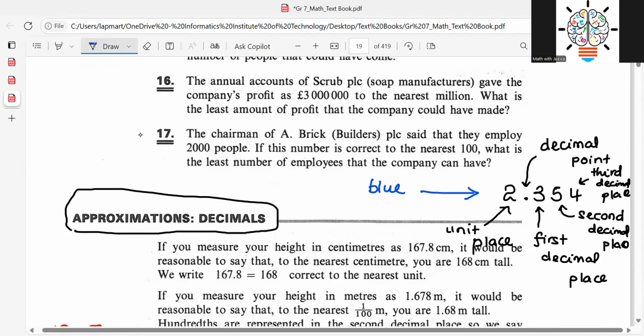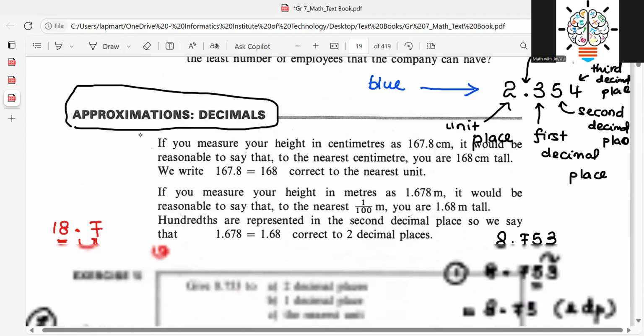Even though here we are talking about the first decimal place, second decimal place, third decimal place, we want to keep in our mind that the same digits we can define with the place value: tenths place, hundredths place, thousandths place. Now, after copying down this example and the decimal place illustration, we will move to the example.